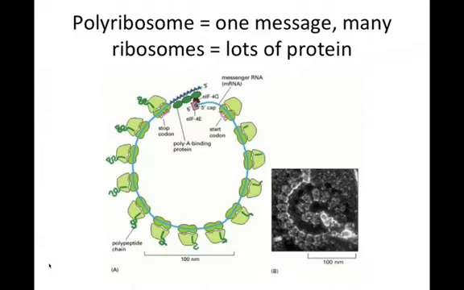Okay, so who knew that many ribosomes bind to one RNA? Who knew that? Okay, someone did. That's good. A few people did. And who knew that many RNA polymerases jump onto the same gene and start transcription at the same time? Good. Some people know.